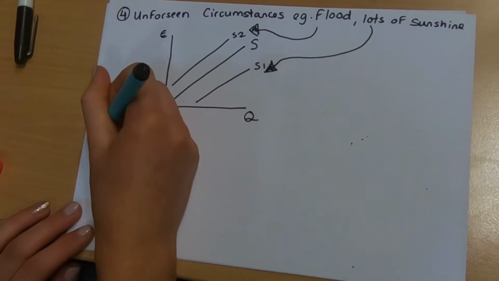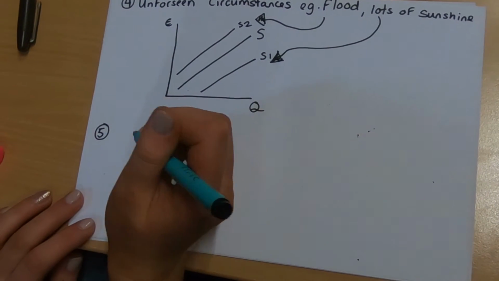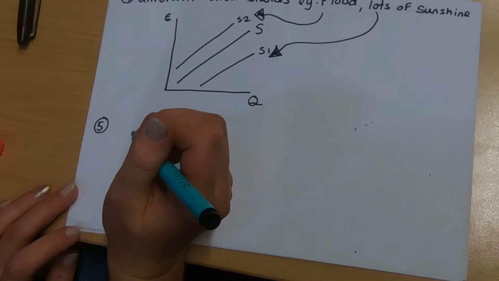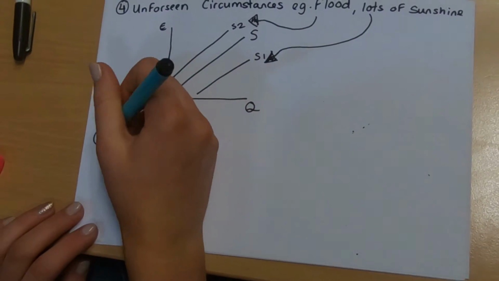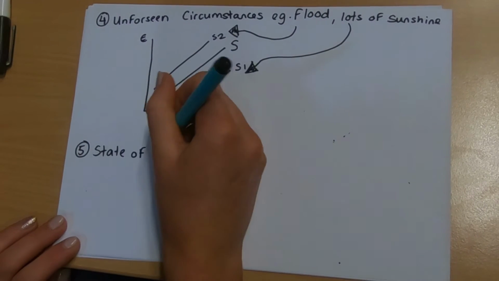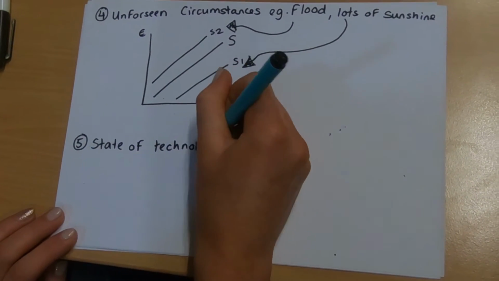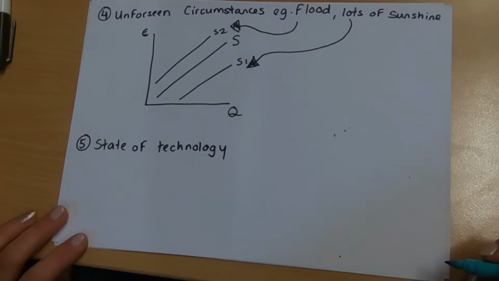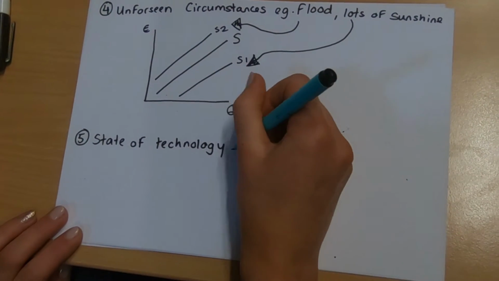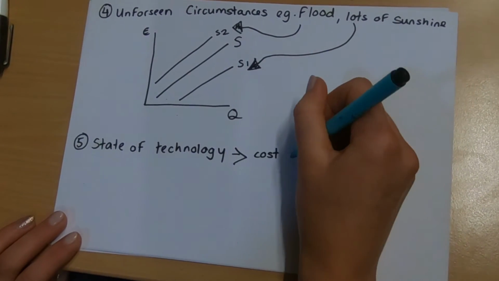Now the fifth factor that goes towards a shift in the supply curve is the state of technology. We all know that technology is a cost-reducing factor.